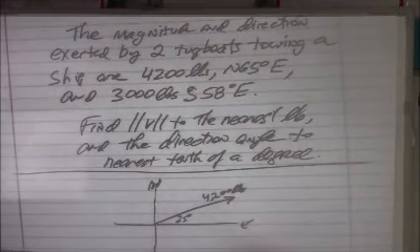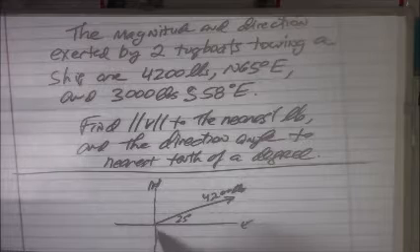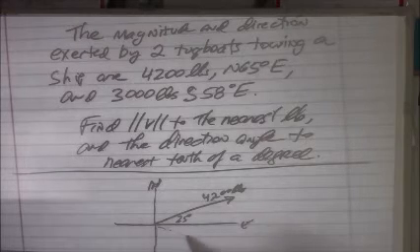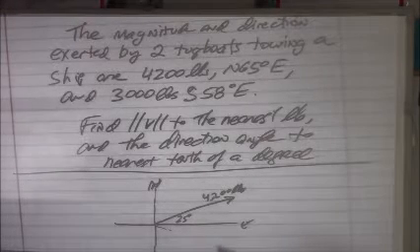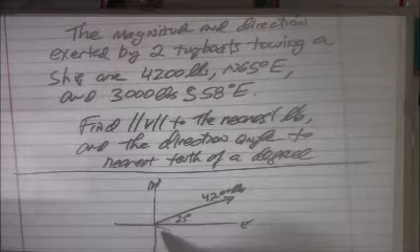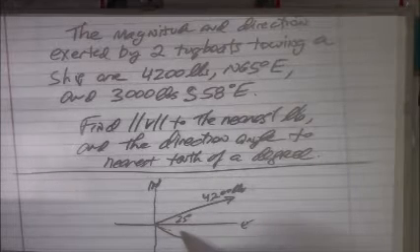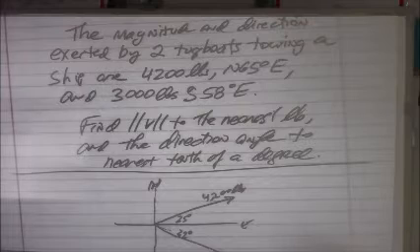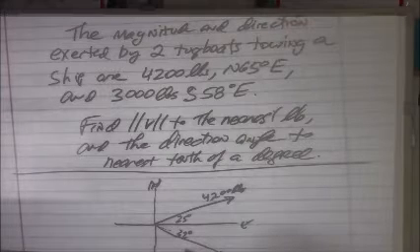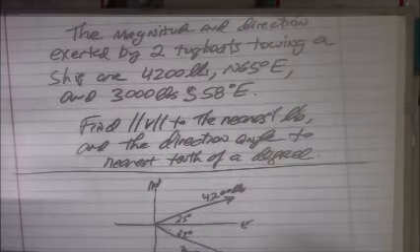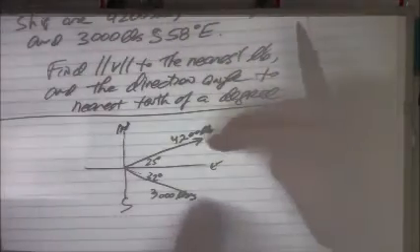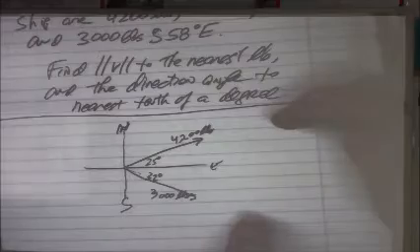The other one was south 58 degrees east, so that means we're 58, that leaves 32 degrees. So this is 32 degrees, pulling at 3,000 pounds. So these two tugboats are pulling like that, okay?